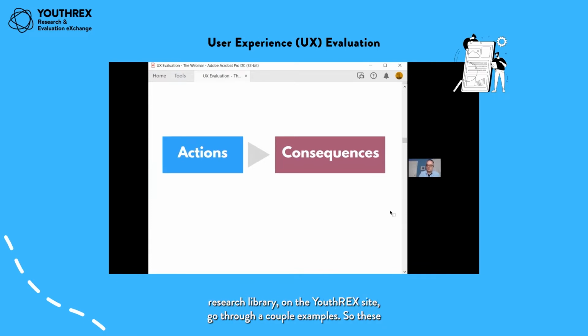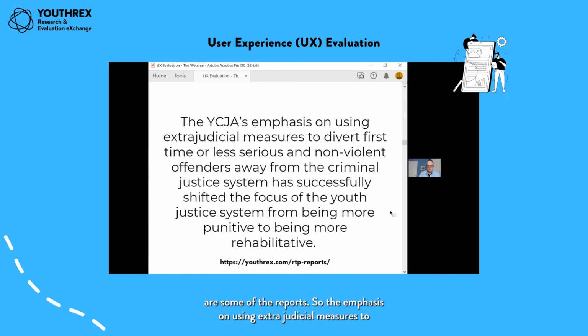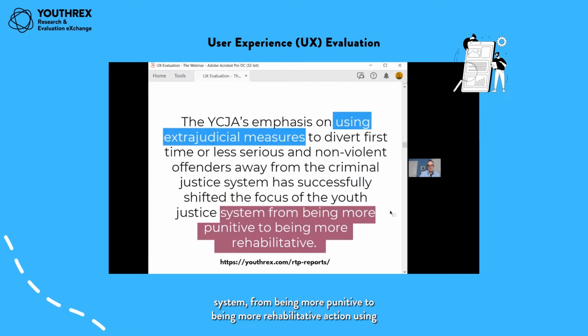So we're going to use that research library on the YouthREX site and go through a couple examples. These are some of the reports. The emphasis on using extrajudicial measures to divert first-time or less serious nonviolent offenders away from the criminal justice system has successfully shifted the focus of the youth justice system from being more punitive to being more rehabilitative.